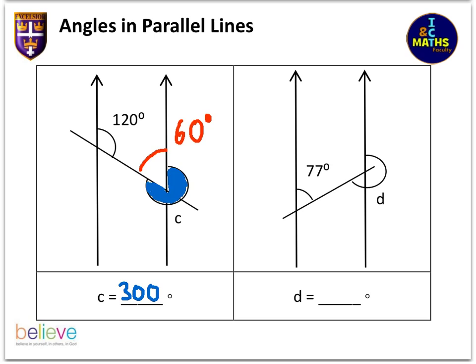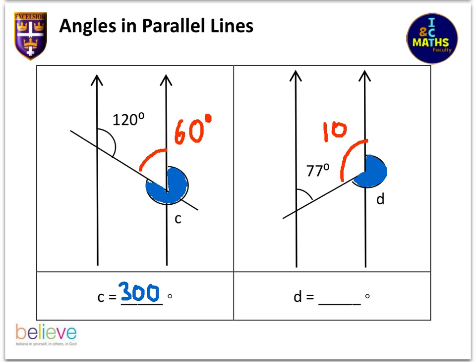Same kind of idea on this second example. Again, the question asks me to find the angle D, and D is all the way around that particular point. So it's a reflex angle, which means it's bigger than 180. That's the angle that I'm interested in. If I repeat the same logic, I can use my allied angles to find that red angle there, and that red angle must add to the 77 to make 180.